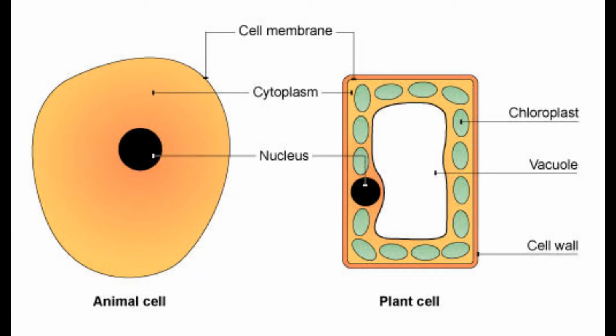Here in the animal cell, you see it is approximately placed at the center, and in the plant cell the nucleus is at the side, right? It is near the cell membrane or cell wall, it is not at the center.